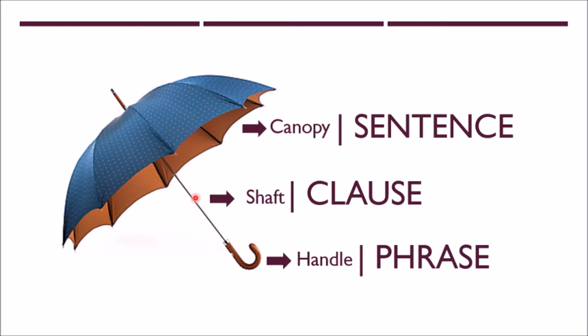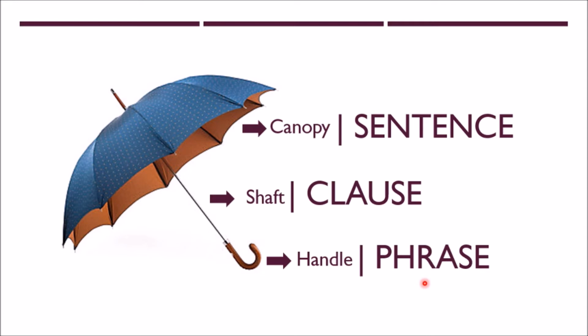It covers the shaft and the handle. Same thing in our topic in this video. Within your sentence, you can find a clause and a phrase. Now, look at the shaft. Below it is actually the handle. Same thing, within your clause, you can find a phrase.